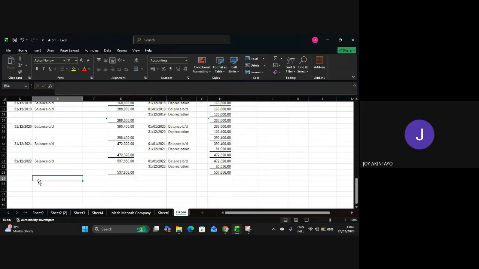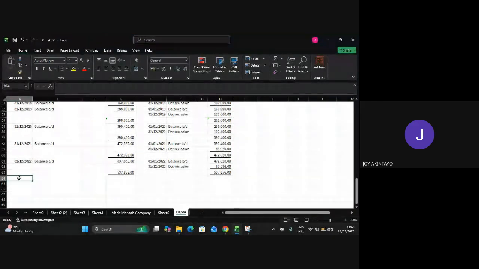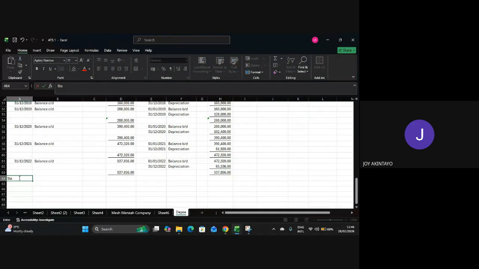Now we're being told to prepare a statement of profit or loss.